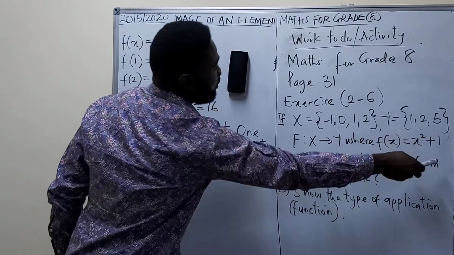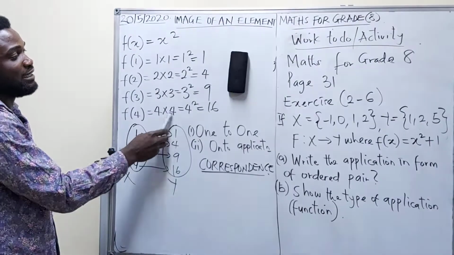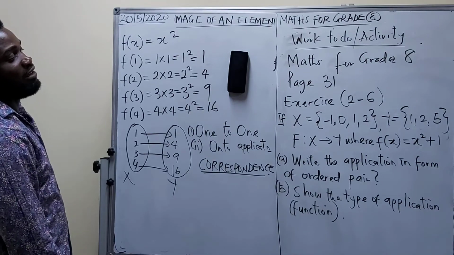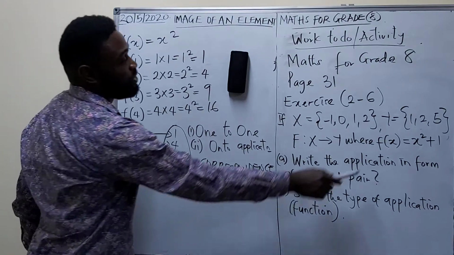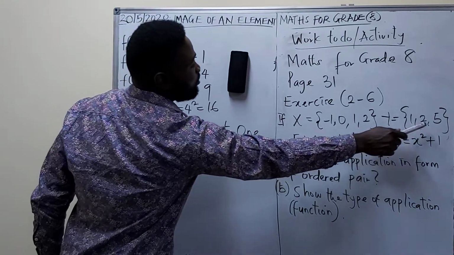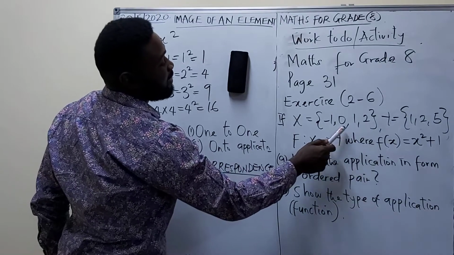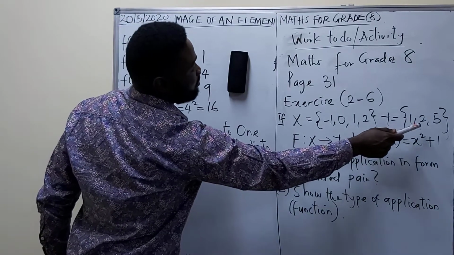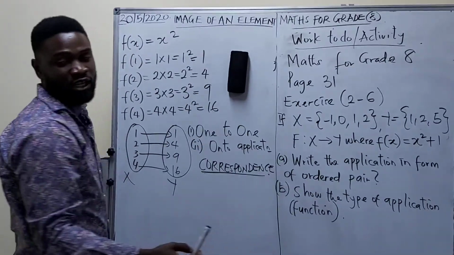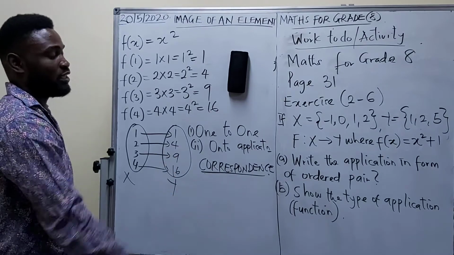For 0, you do the same, just like the way I did this, okay? The exact way I did this is the same way you're going to go about this. So now, get the values that give you the same result of what you have in y, which is the codomain 1, 2, 5. So anyone that is able to give you answer that's got to be 1, 2, or 5, you connect them together and you check and give us reasons if it is one-to-one, if it is onto, or if it is correspondence.